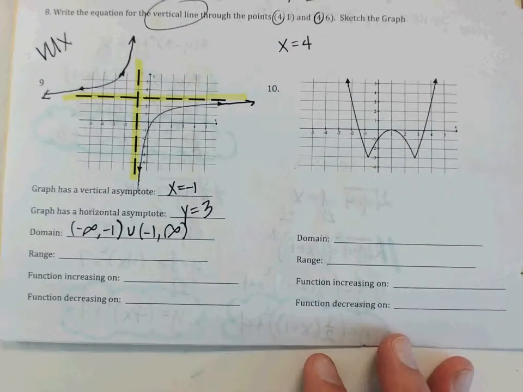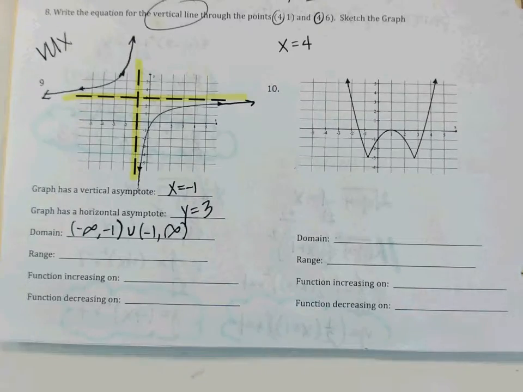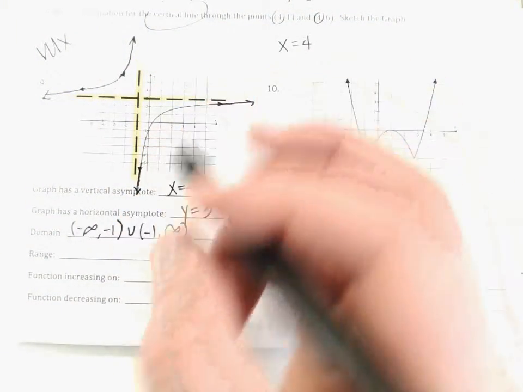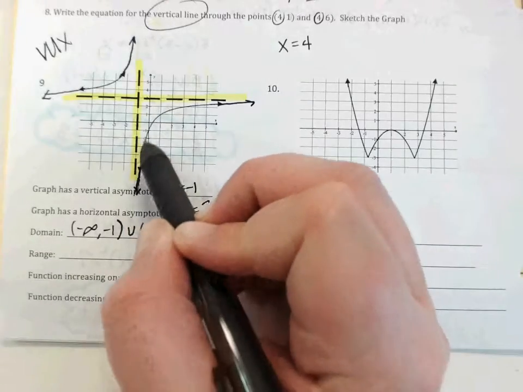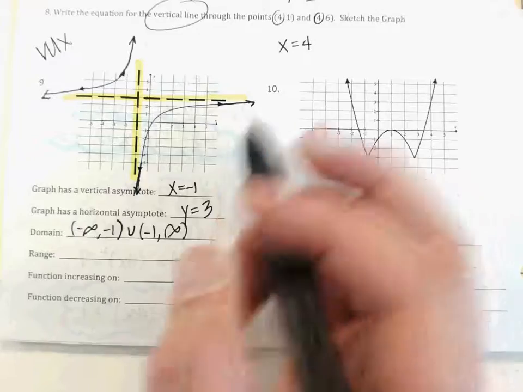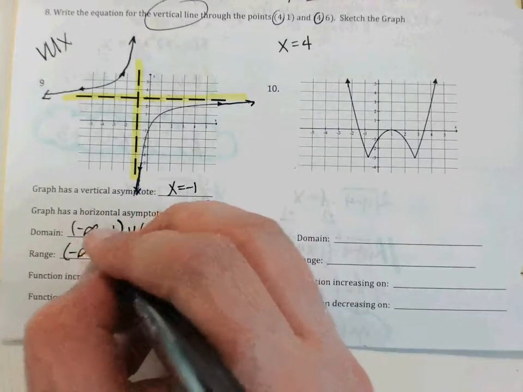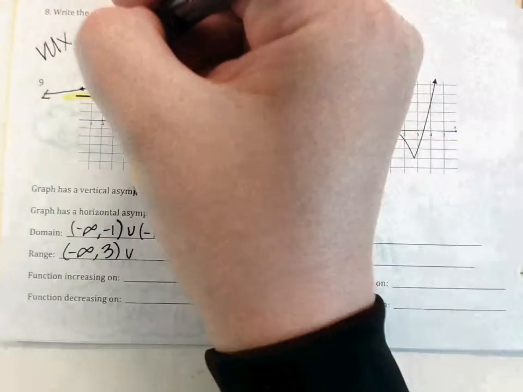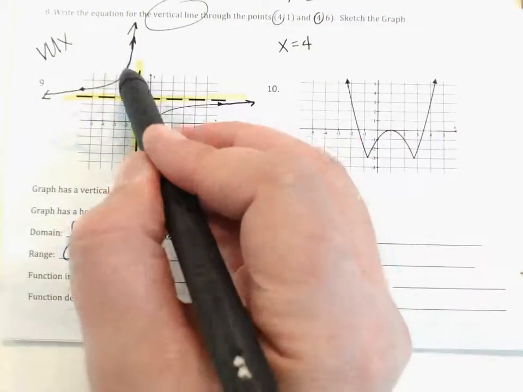Okay? Then for my range, I have to do the lowest it goes. How low does it go here? Negative infinity. And then it goes up, up, up, up, up. And then when does it get stuck? Can't go past 3. So negative infinity to 3. But then I have another chunk of the graph. This chunk goes all the way to infinity, but how low can it go?